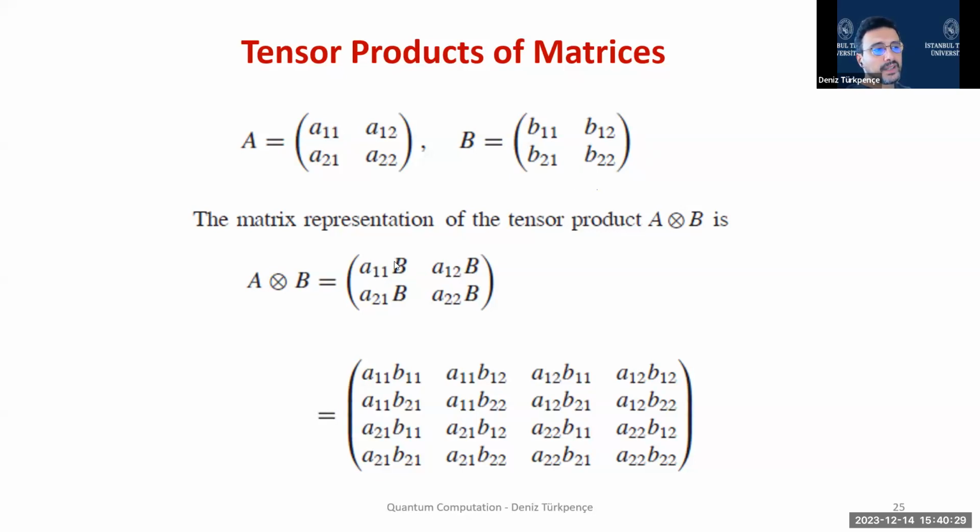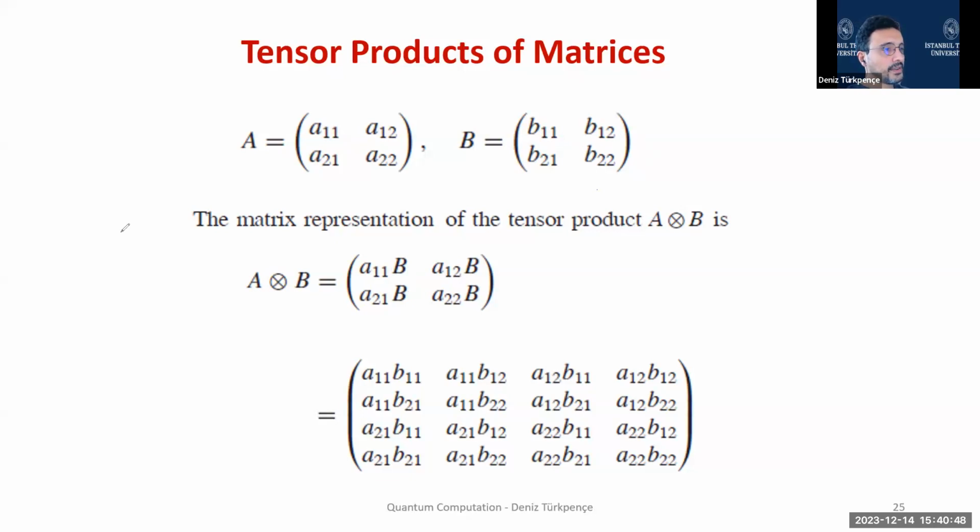This A11 is being multiplied by B completely. And of course, this A12 is being multiplied by all the elements of the second. So after the multiplication, what you obtain is the following, okay?